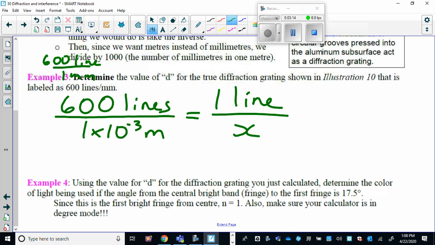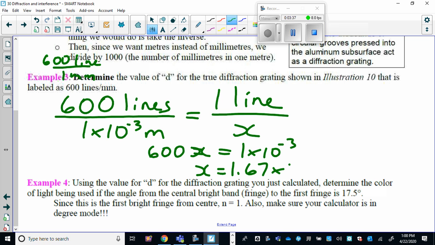Then you cross multiply and divide. So 600x equals 1 times 10 to the negative 3, and then you go 1 times 10 to the negative 3 divided by 600, and you get an answer of 1.67 times 10 to the negative 6 meters.